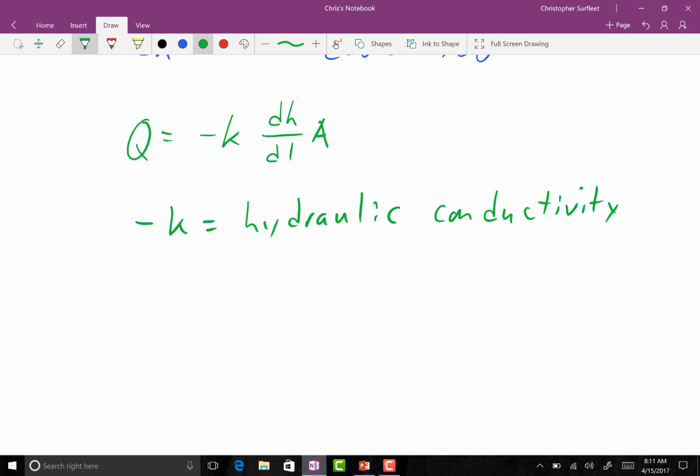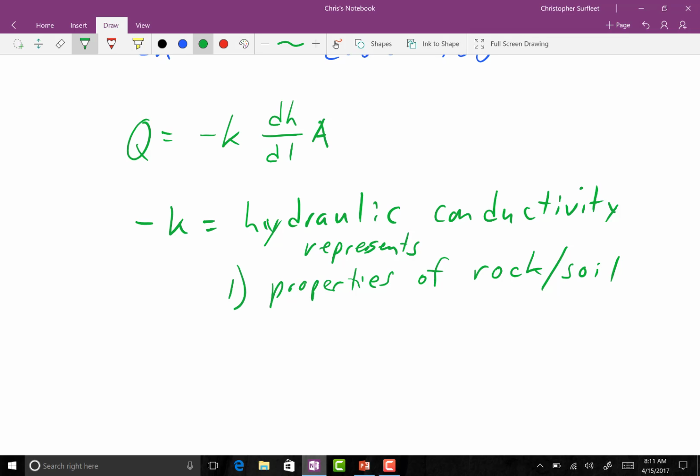And the hydraulic conductivity is what represents, one, properties of your media. So this is the rock or the soil.